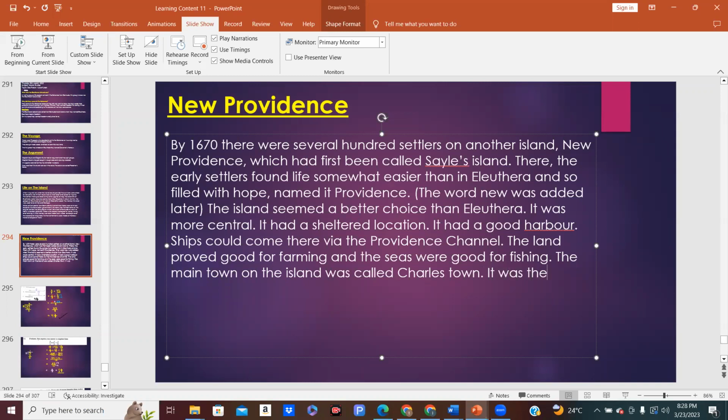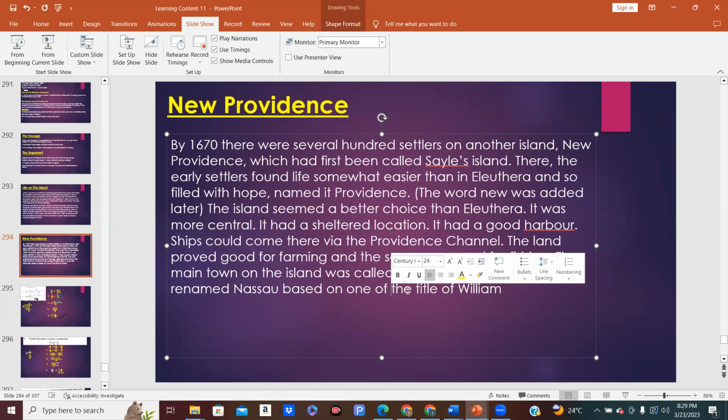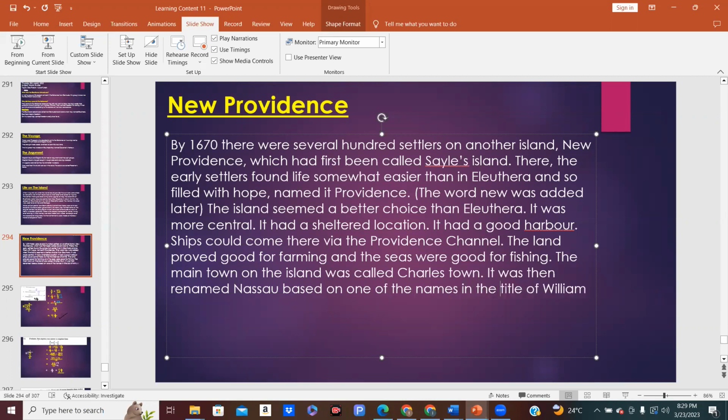It was then renamed Nassau, based on one of the titles of William, King of England.